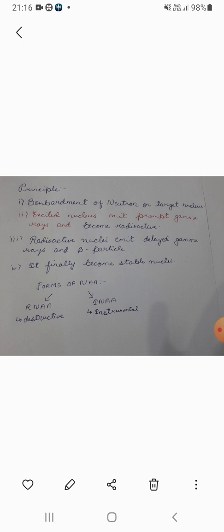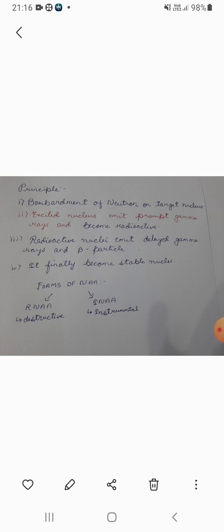So where are they used? PGNAA is used where the neutron capturing area is greater and where the radioactive nucleus is not formed, and where there is long irradiation time, delayed gamma rays neutron activation analysis is used.